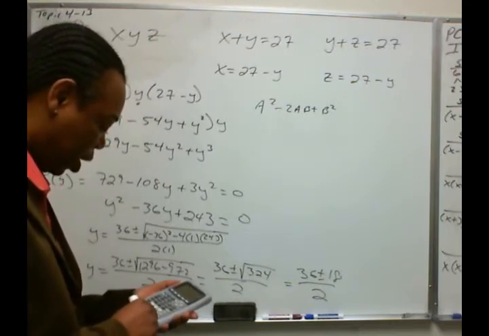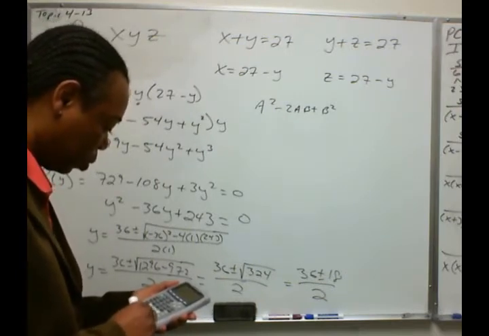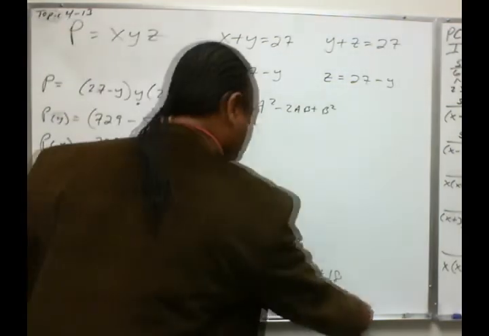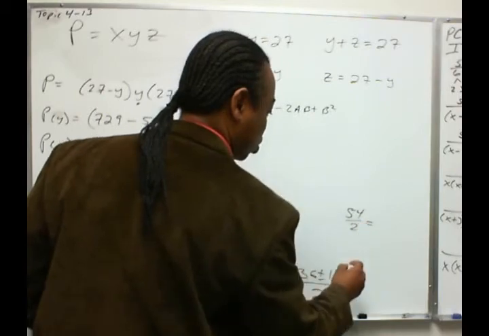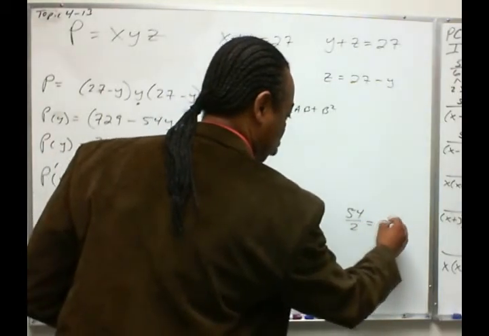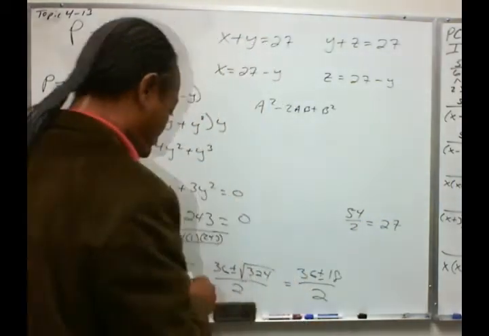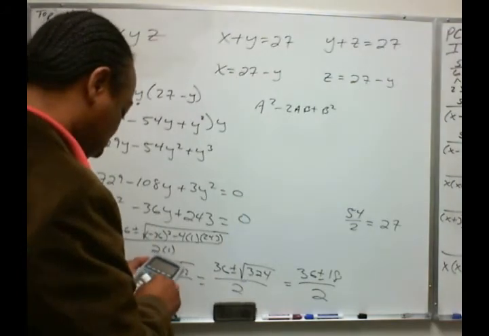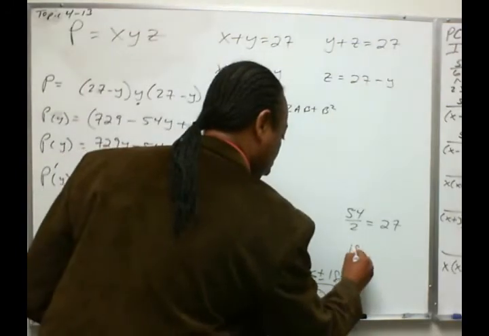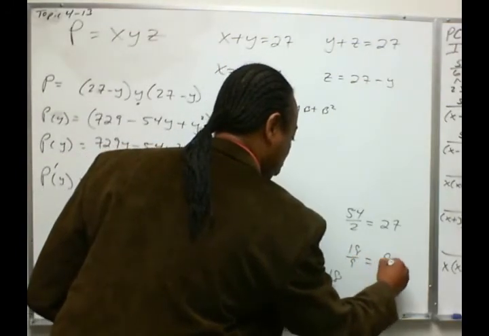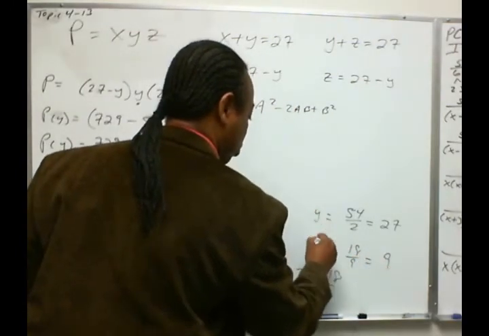I'm going to add 18 and 36, and we get 54, divided by 2, and that gives us 27. Now 36 minus the 18 gives me 18 over 2, which gives me 9. So these are two potential answers for y.